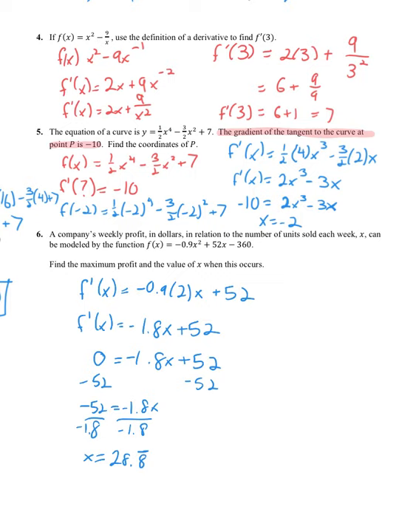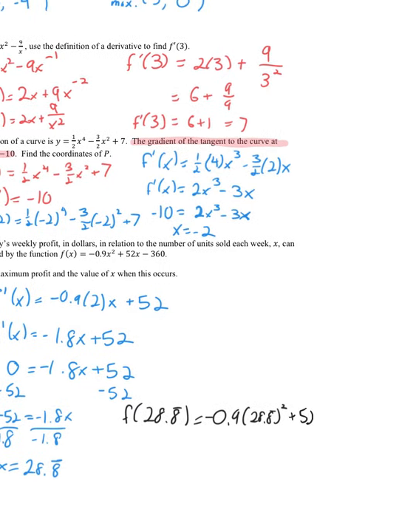And then I can go back and plug that into the original equation to find the maximum profit, because I know this is going to be my maximum value. Plug it back into the equation, find the maximum profit. Plus 52 times 28.8 minus 360.